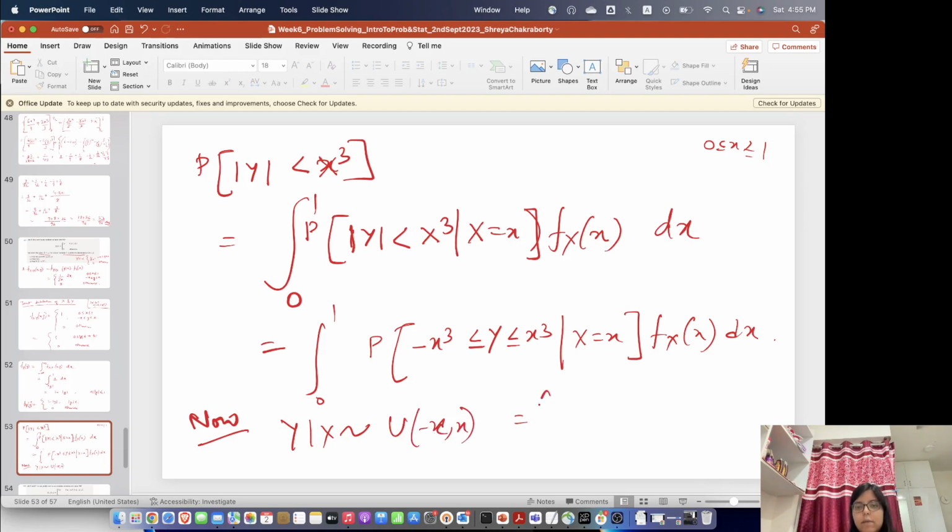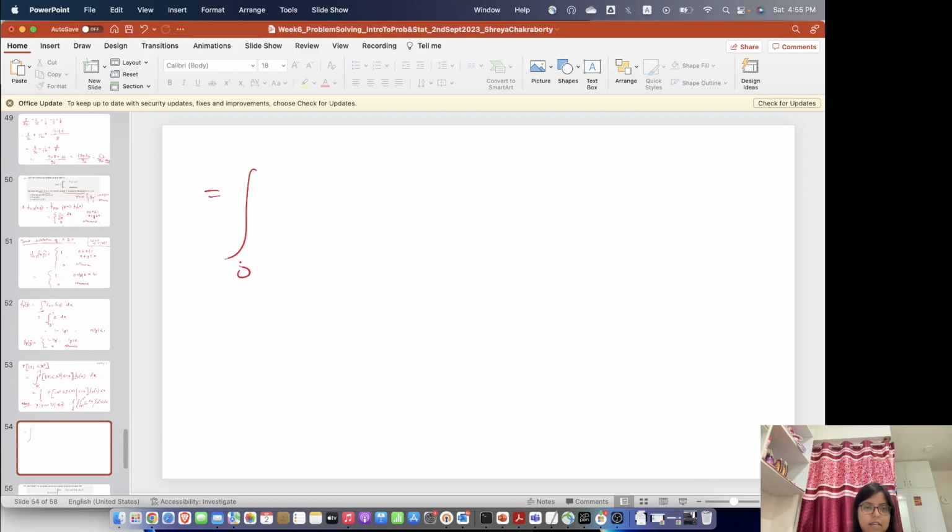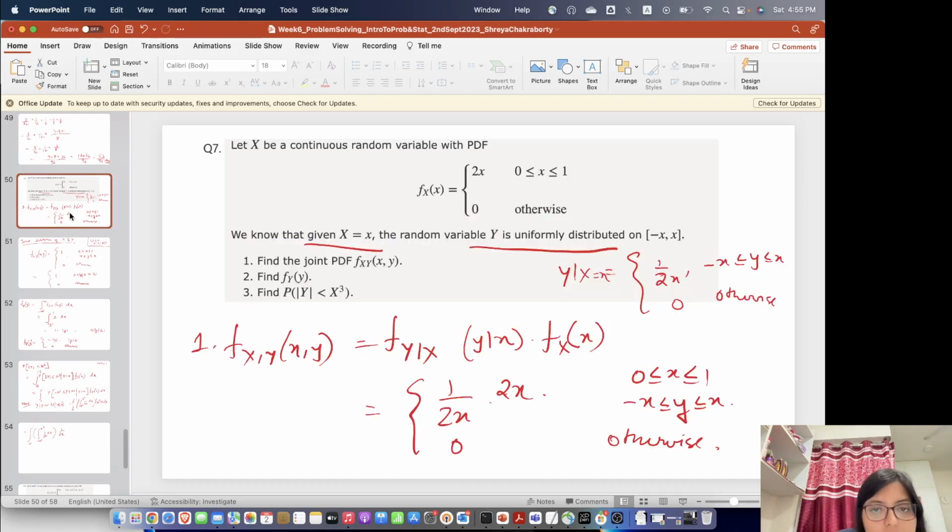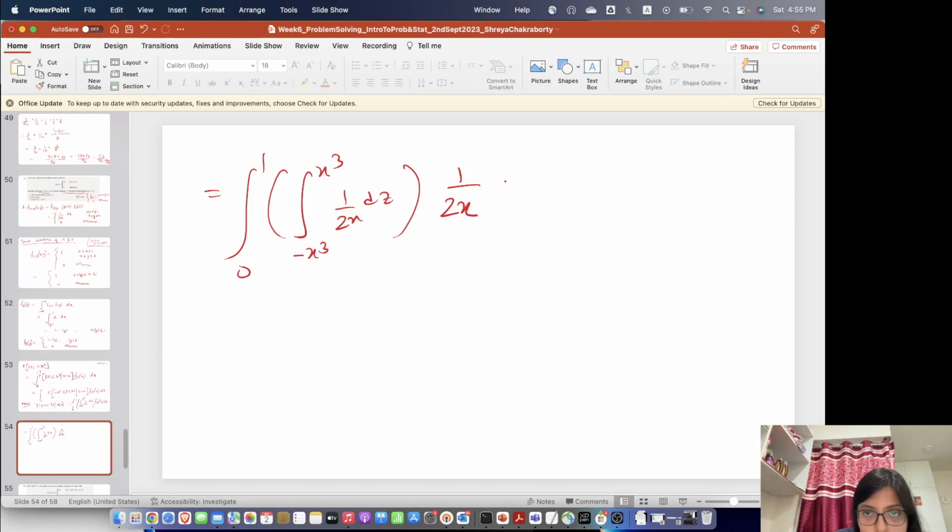So this thing will be the integral from minus x cube to x cube of 1 by 2x dz, times f_X(x) dx. So this is the integral from 0 to 1 of the integral from minus x cube to x cube of 1 by 2x dz, into f_X(x) dx. f_X(x) was what? 1 by 2x or only 2x?